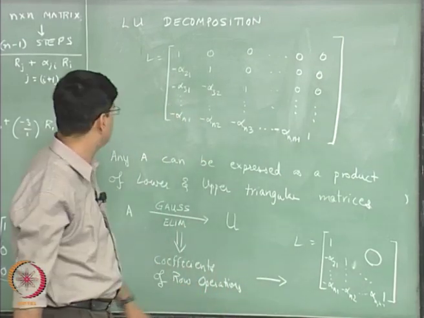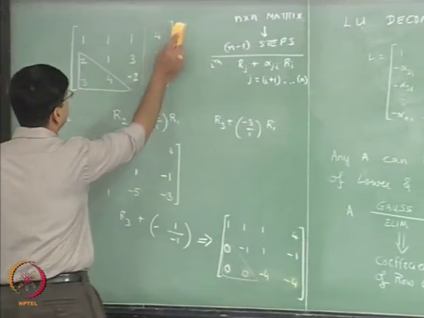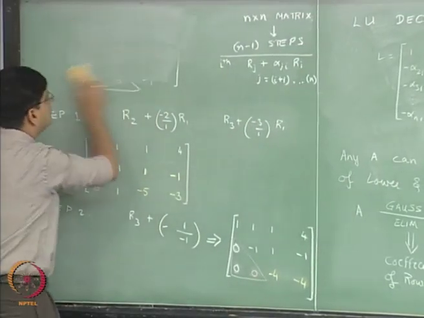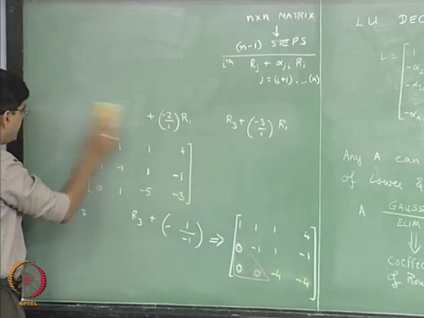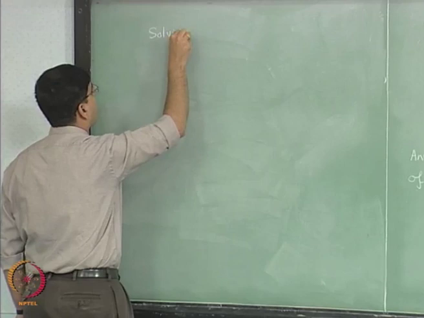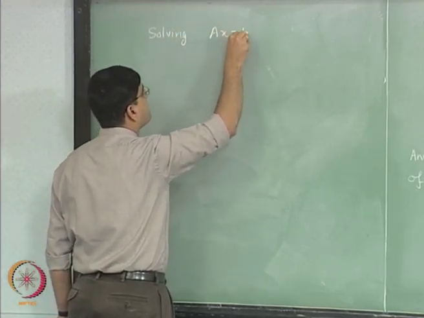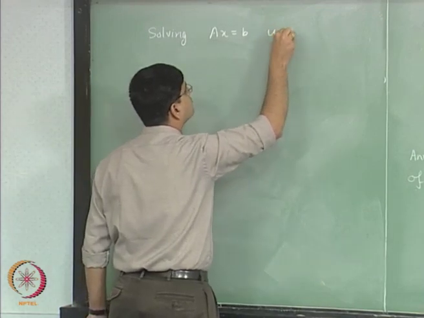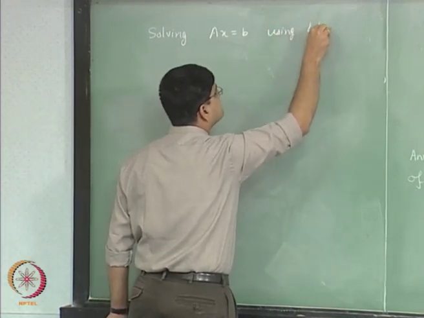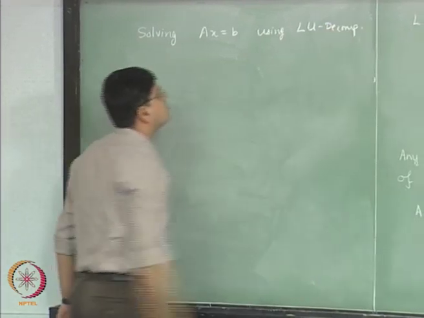The answer to that question is that we can use these LU matrices that we obtain in order to get the solution of Ax equal to B. Okay.